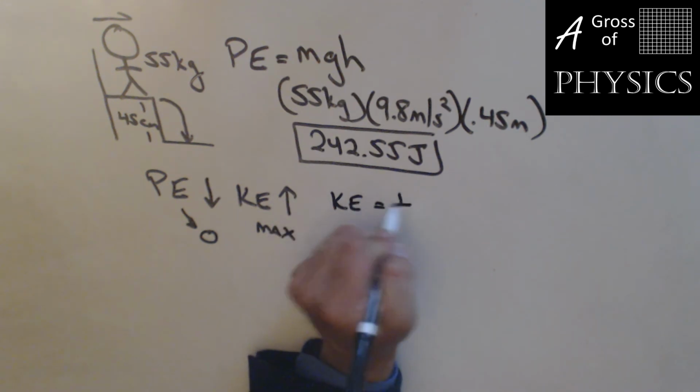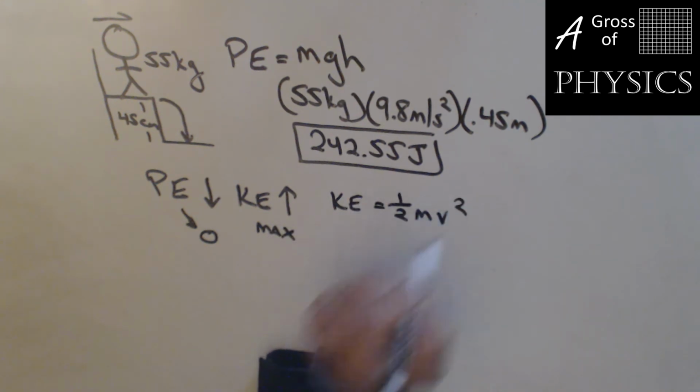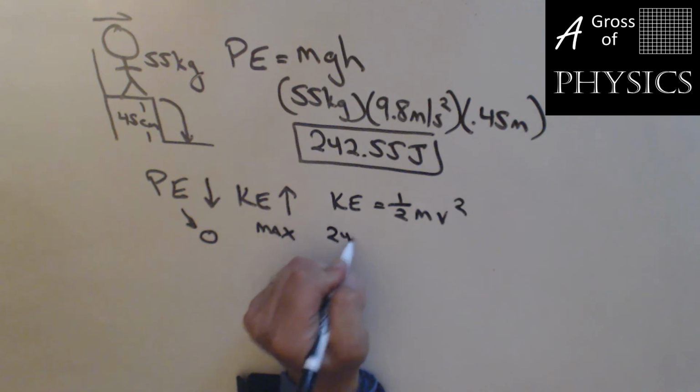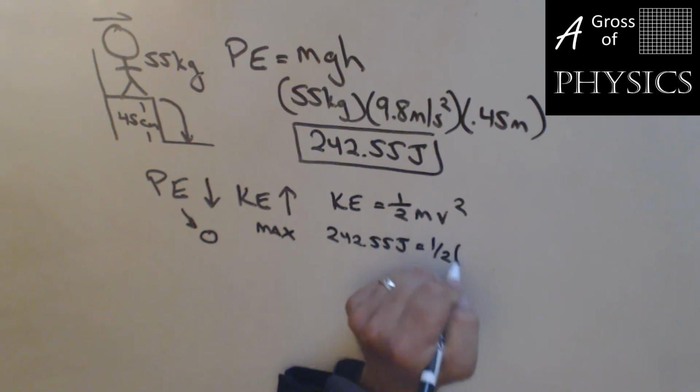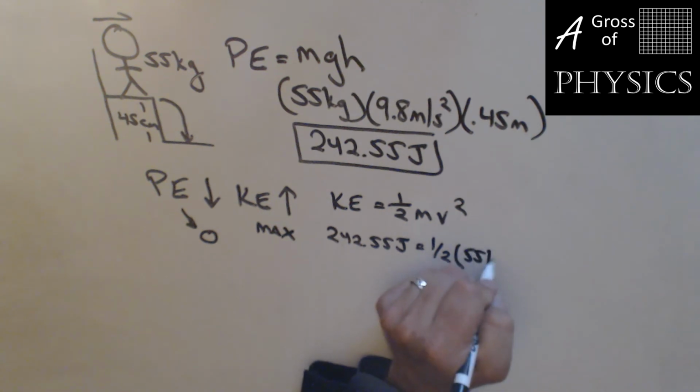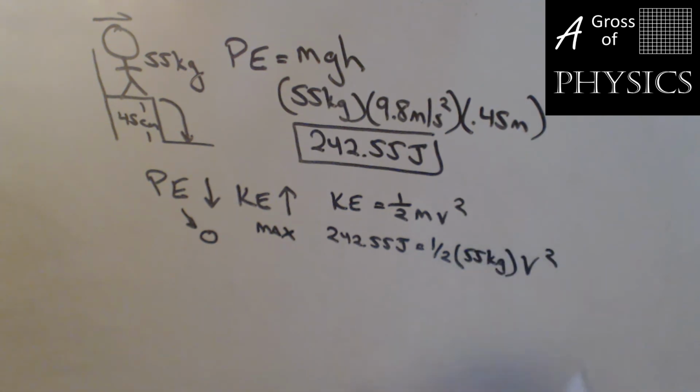So we can actually figure out how fast that person's going to hit the ground. 242.55 joules equals 1/2, mass is still 55, v squared. 242.5 divided by 0.5 divided by 55, take the square root, and we get 2.97 meters per second.